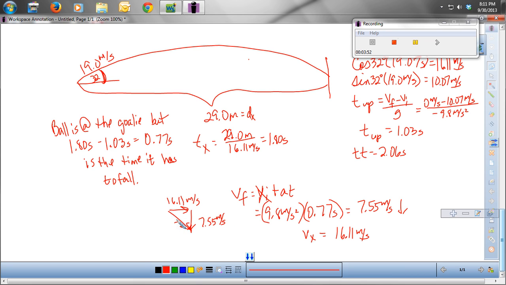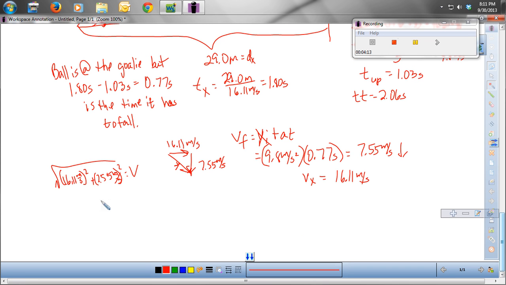So I'm going to do the Pythagorean theorem and solve for V. So V is going to be the square root of 16.11 meters per second squared plus 7.55 meters per second squared. So when I did that, I got V, the magnitude of the velocity, to be 17.8.